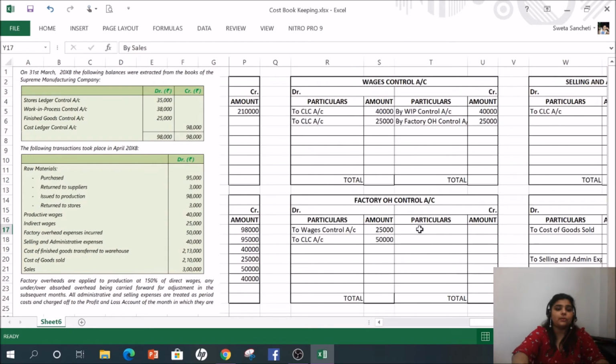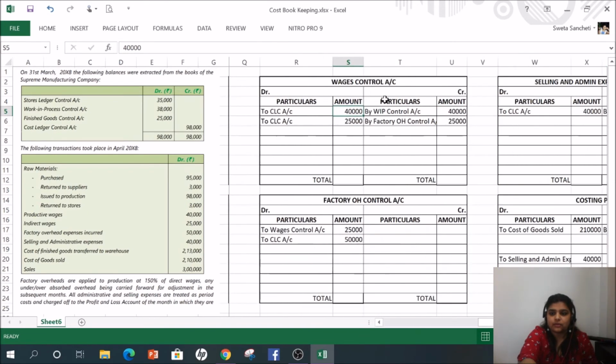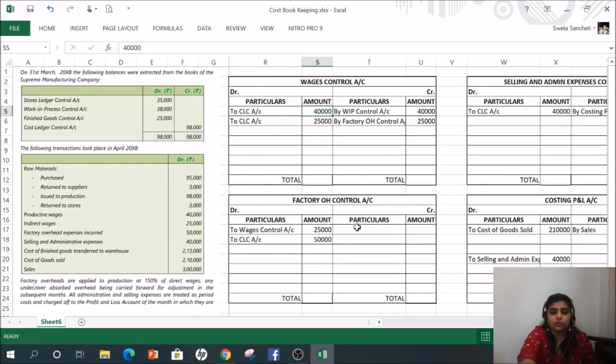Now factory overheads are applied to production at 150% of direct wages. Direct wages is 40,000. So applied to our products with respect to factory overheads would be by WIP. Factory overheads are shifted to WIP control account.